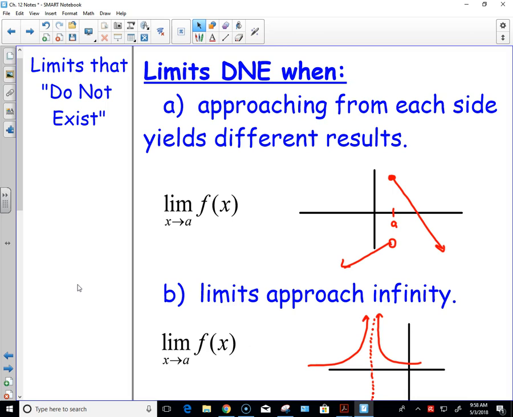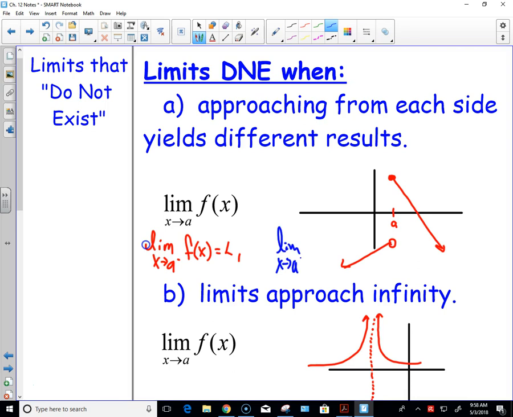But the first way that the limit will not exist is if the limit as x approaches a from below equals L1, and the limit from above is L2, and these do not agree.